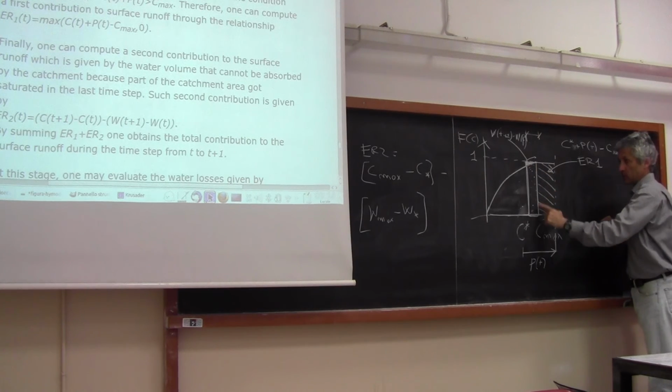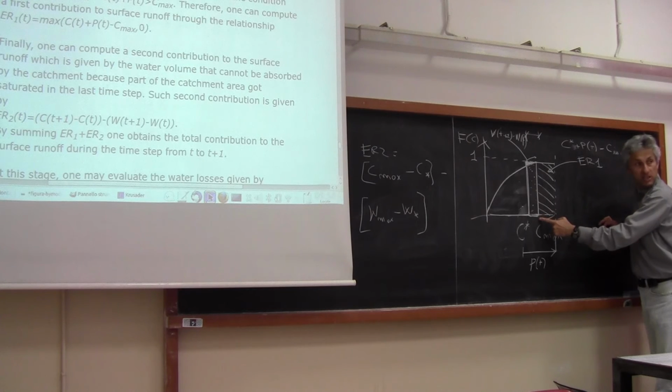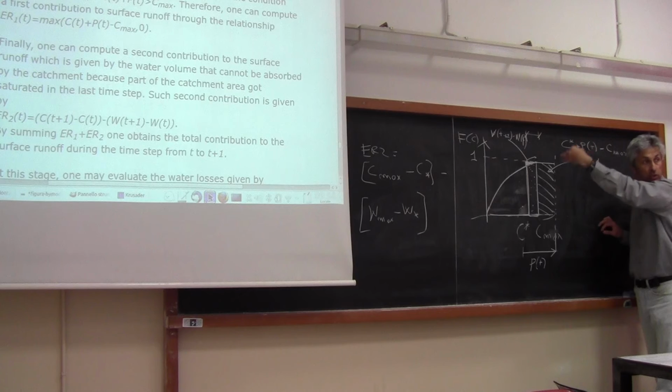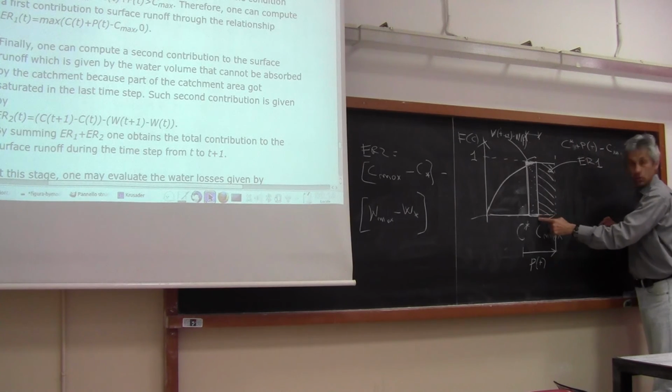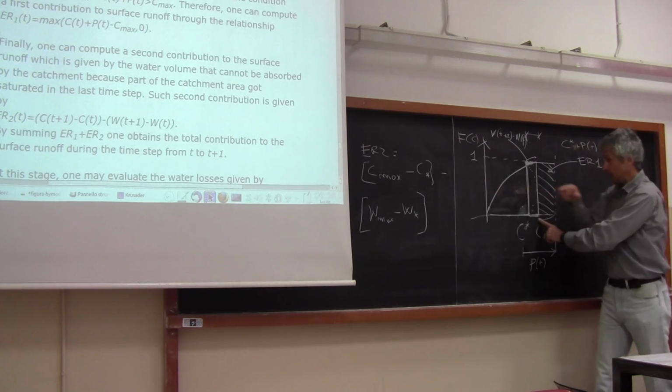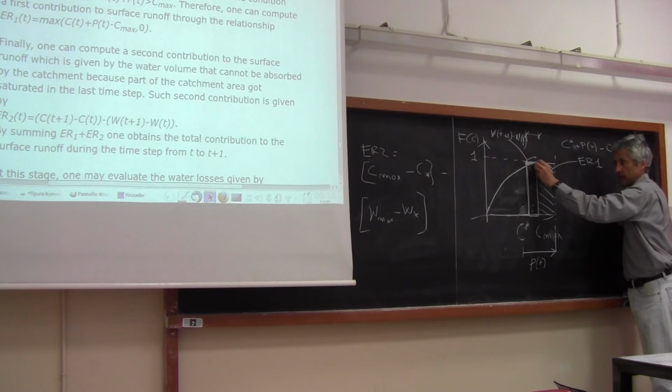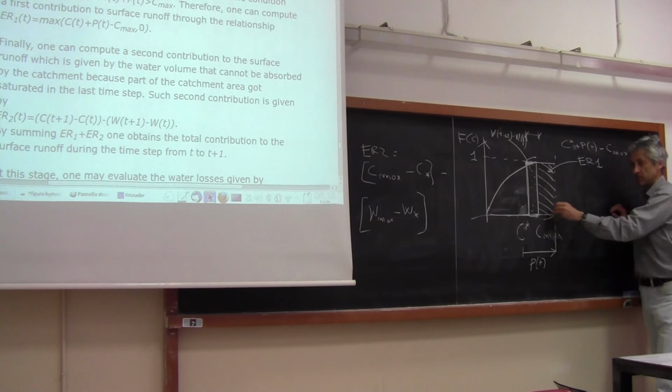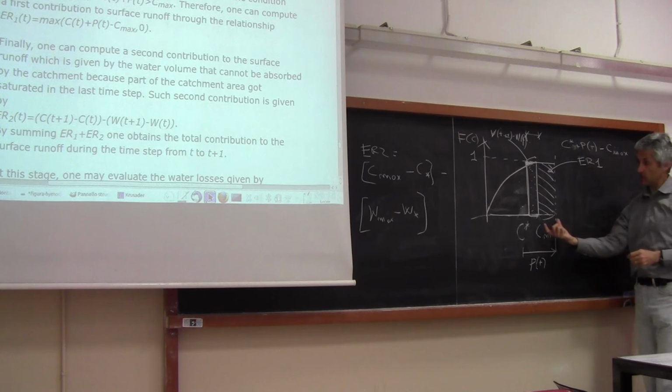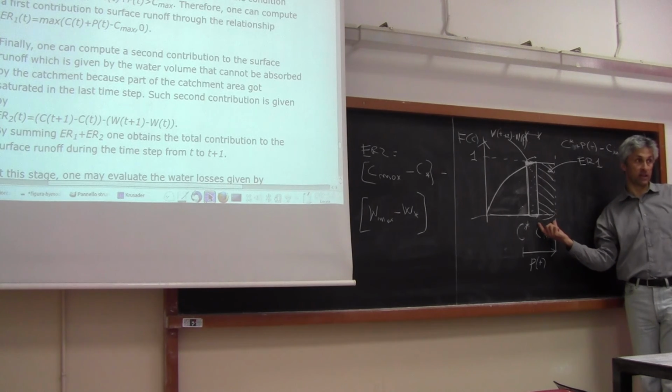But then I computed this contribution. I'm still missing the part of rainfall that brings C to saturation. And sorry, that brings it over saturation. So I'm still missing this. If I computed only ER2, I would compute correctly the contribution of this area, but I'm still missing this one. Because what is this one? It is the rainfall that falls over the catchment when it's already saturated. So this is why I need to add ER1.